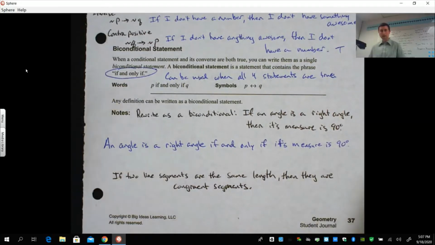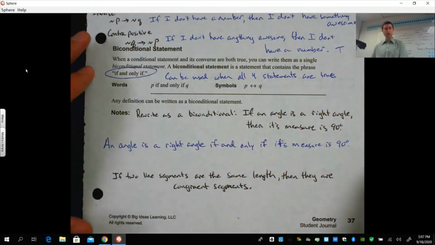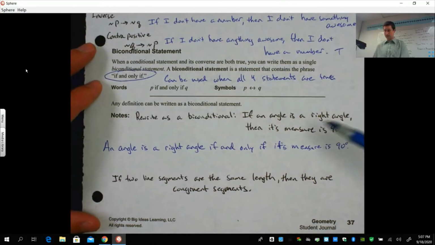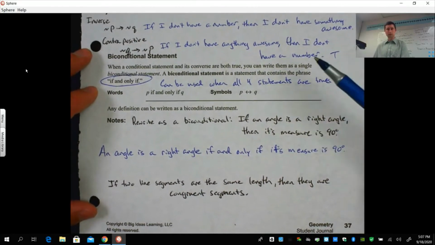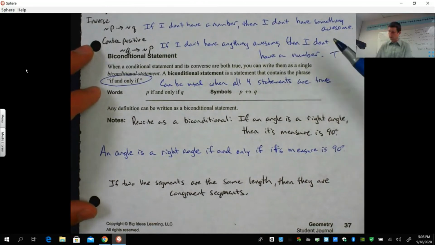So an angle is a right angle if and only if its measure is 90 degrees. We don't have to write it the other way. This is a statement where the conditional, converse, inverse, and contrapositive would all be true or false.